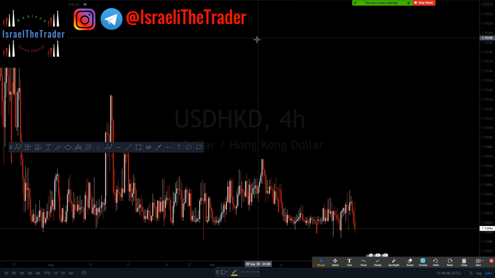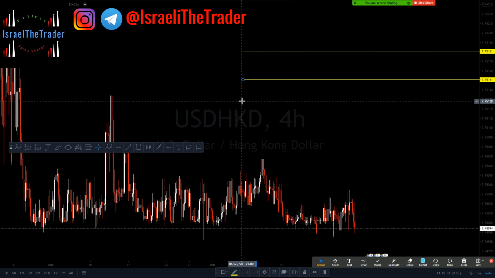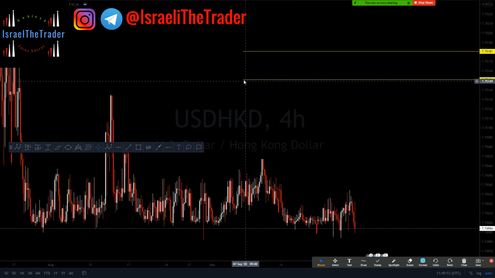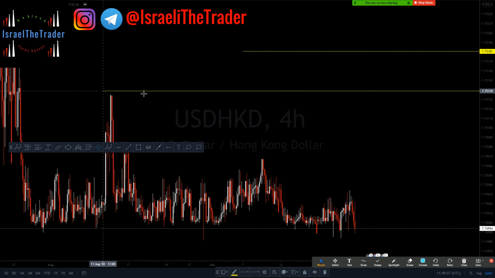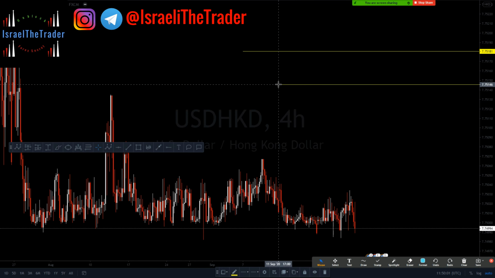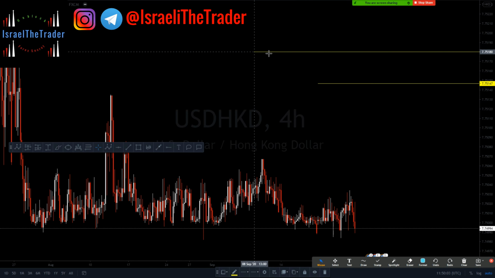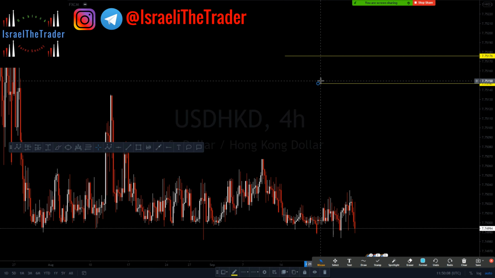So I have this horizontal ray. The horizontal ray works like a support or resistance line, but you can shift it to and fro, or move it to and fro, as you can see right here. I use this one as well, but I use it on smaller time frames.